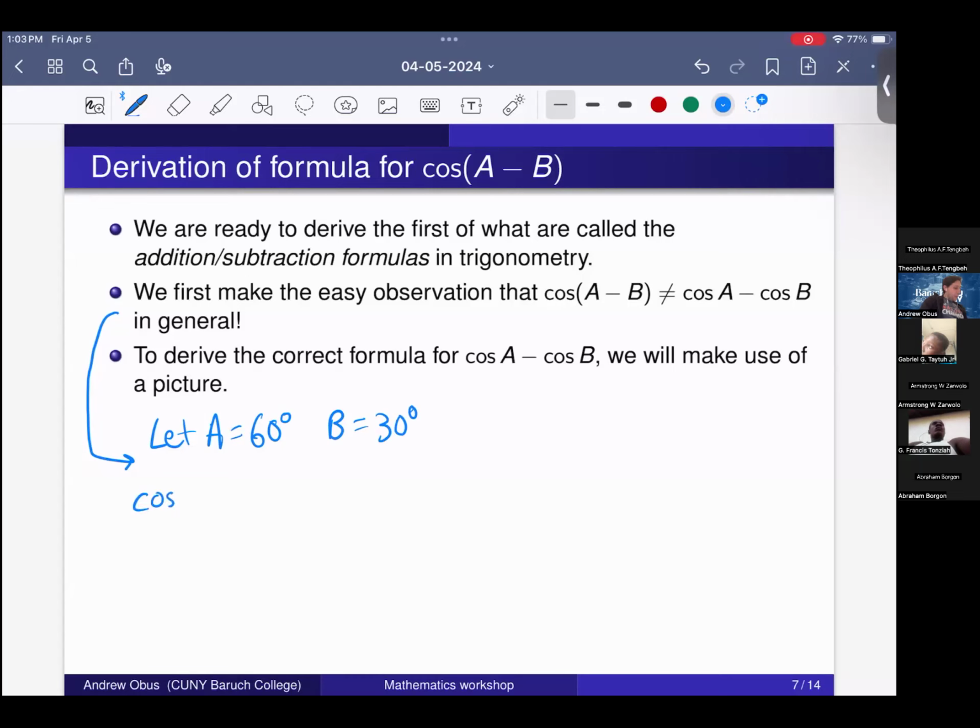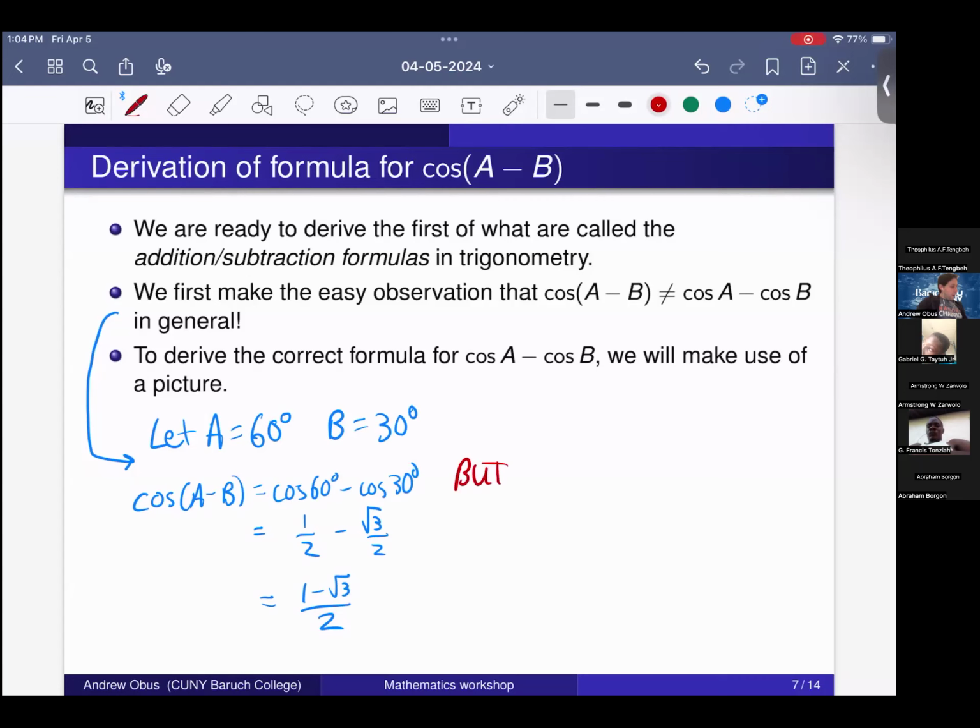Then we have that cosine of A minus B is equal to cosine of 60 degrees minus cosine of 30 degrees. And if you remember your tables, cosine of 60 degrees is equal to 1/2, and cosine of 30 degrees is square root of 3 over 2. So this is 1 minus square root of 3 divided by 2, right?